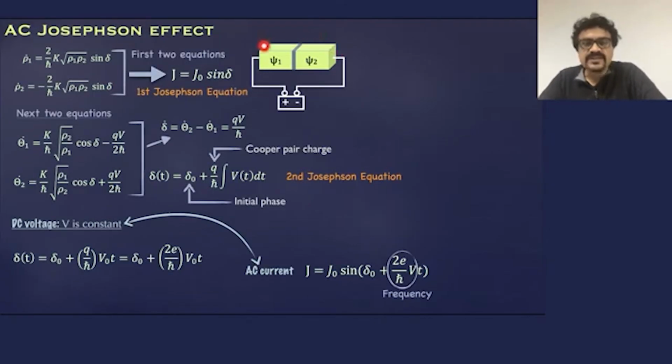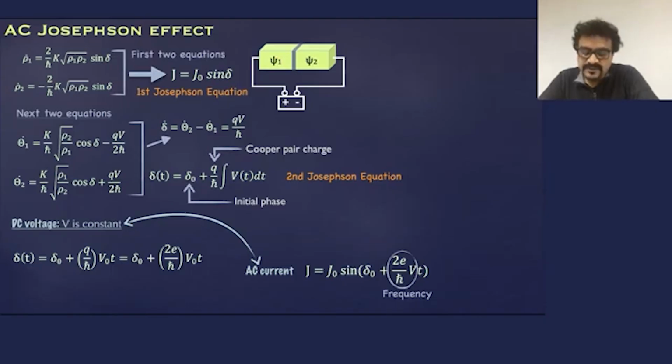So the Josephson junction, what we discussed so far, consists of two superconducting regions interfaced with a thin insulating layer in the middle, and we solve the time-dependent Schrodinger equation for the system.